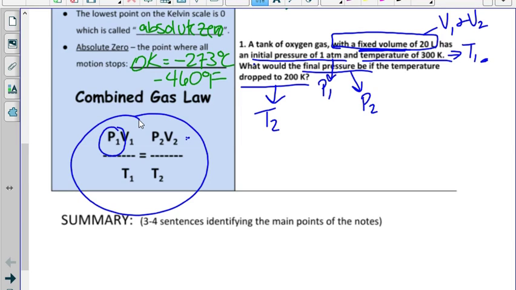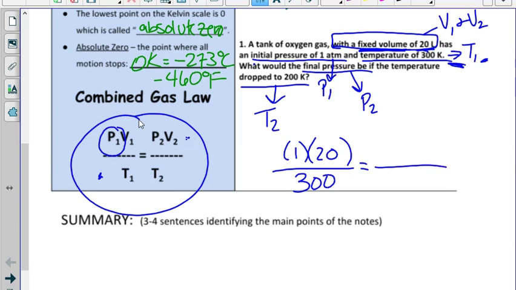So if we were to plug this into our equation over here, well, what's P1? P1 is a 1. What is V1? V1 over here, we said is 20. What is T1? T1 right here is 300. That is going to be equal to P2 V2 over T2. So what is P2? P2 is what we're trying to find. So P2, we don't know.